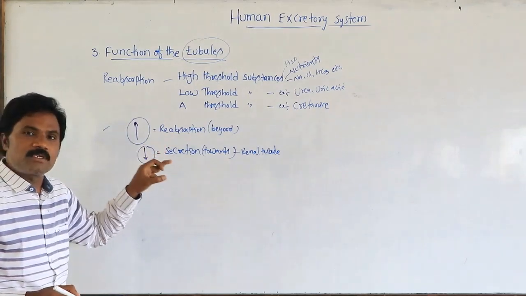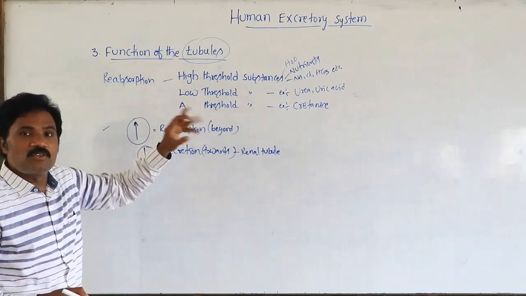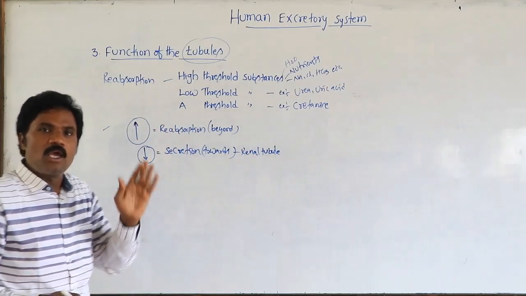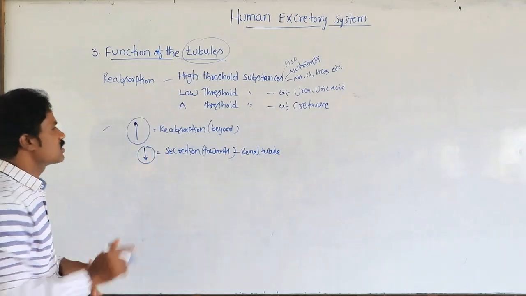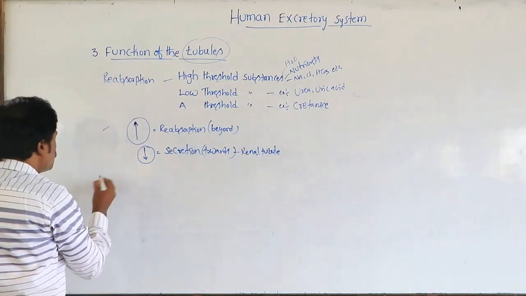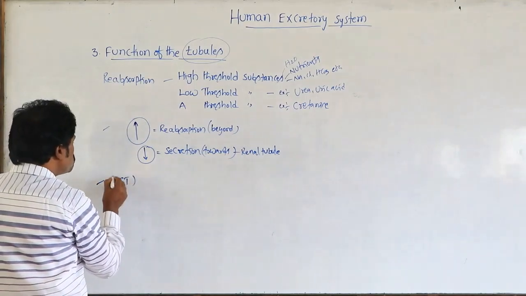What types of substances are reabsorbed in the tubules, that is the proximal convoluted tubule, loop of Henle, distal convoluted tubule, and collecting duct? First, the proximal convoluted tubule.